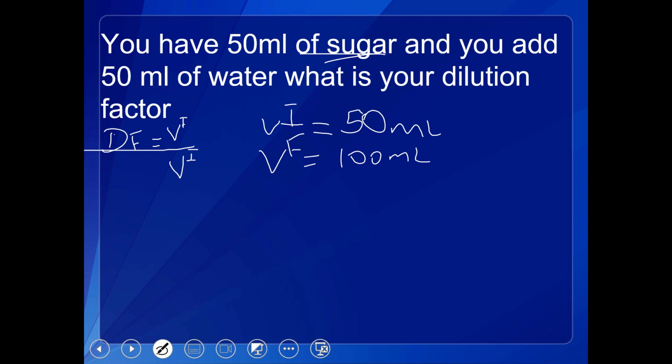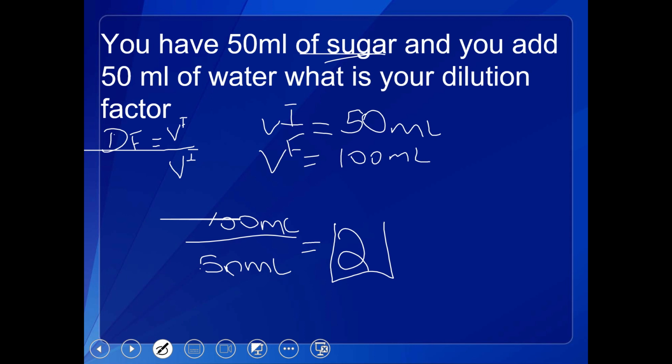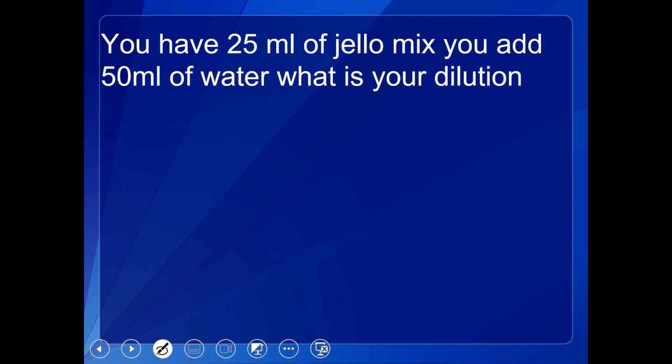Then we plug it in, volume final on the top. Equals a dilution factor of 2. Box it and move on. Right? Super simple. All right, one more.